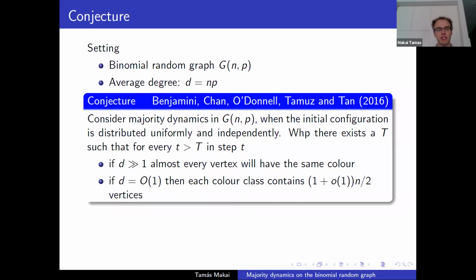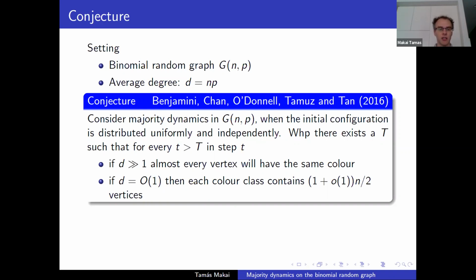If the average degree tends to infinity, then eventually almost every vertex will have the same color. And after that step, and in all later steps, still almost every vertex will have the same color. On the other hand, if the average degree is bounded, then we will have a red and a blue color class, each containing roughly half of the vertices after a sufficient number of steps.